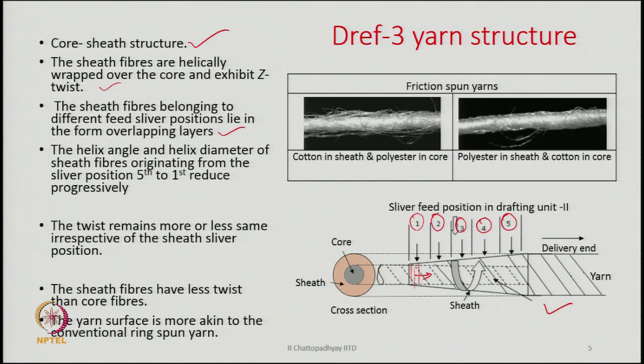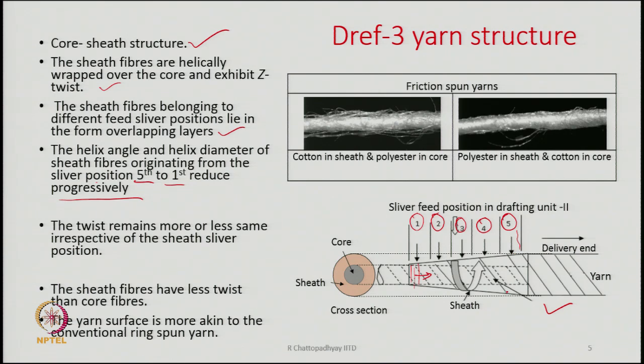The helix angle and the helix diameter of the sheath fibers originating from sliver position 5 to 1 reduce progressively, because by the time the fibers are falling from position 5, they are actually going over a larger diameter of the yarn.